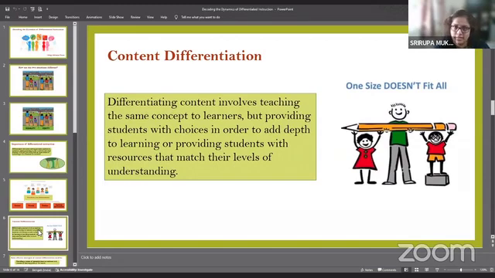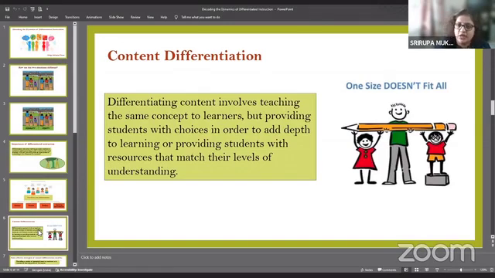As the name itself says, content differentiation involves teaching a particular concept to the learners, but even though it is the same content that each and every learner is learning, the resources that we provide them with have to be varied. How do we carry out this variation?